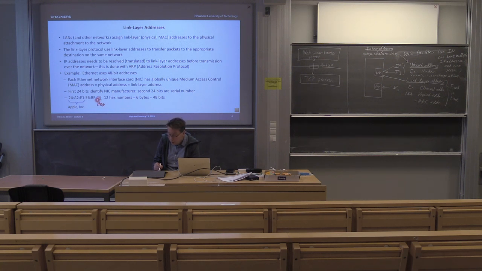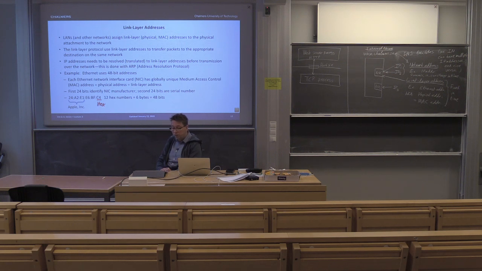These 12 hex numbers make 6 bytes, 48 bits. And the first 24 bits here identify the manufacturer. So if one gets an address like this, one can look at the first 24 bits and figure out who made it. In this case, Apple. And then here is a serial number.